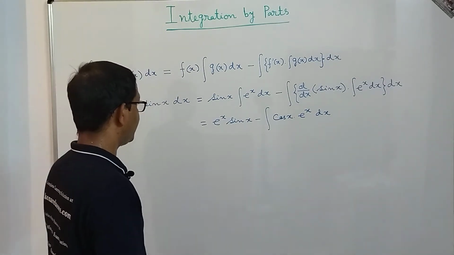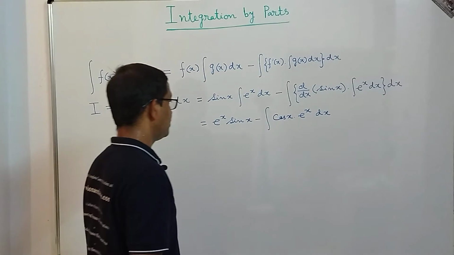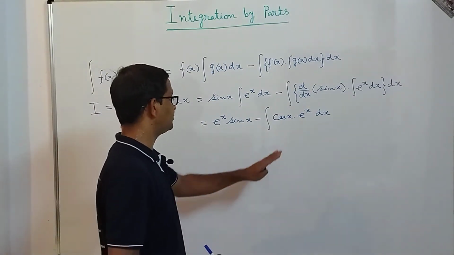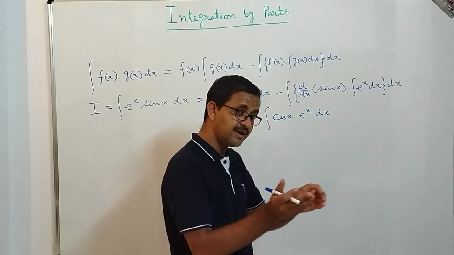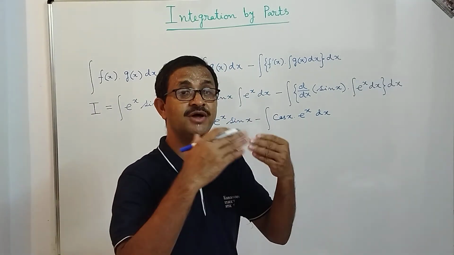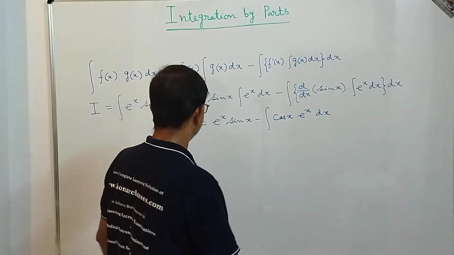Okay, how? Again we need to perform the integration of cos x into e^x dx. Cos x is a trigonometric function, e^x is an exponential function. According to the ILATE rule, the trigonometric function comes before the exponential function, so we should take cos x as the first function. So let's go ahead.